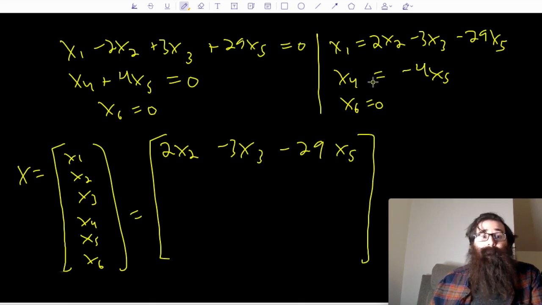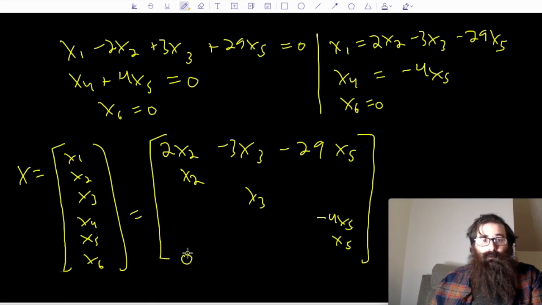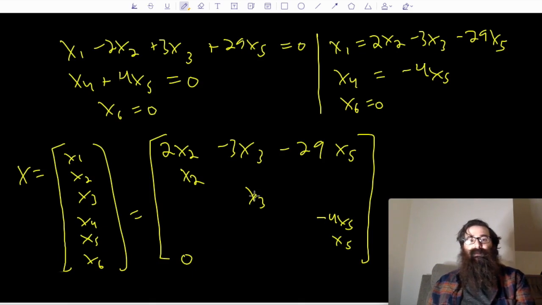Let me actually do the free variables then. So x of 2 is x of 2. X of 3 is x of 3. And then x of 4 is a negative 4x of 5. X of 5 is a free variable. X of 5 is equal to itself. And x of 6 is just 0.